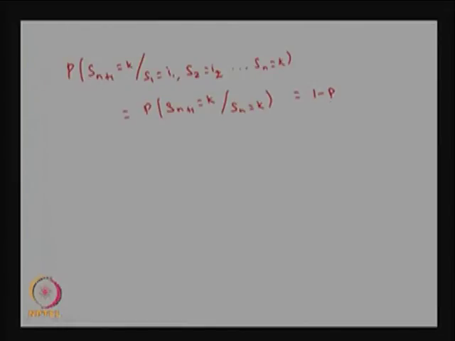That means the distribution of the n plus 1th trial, given that I know the values till the nth trial, is the same as the distribution of the n plus 1th trial given only the nth value, not the earlier ones. And this property is called the memoryless property.